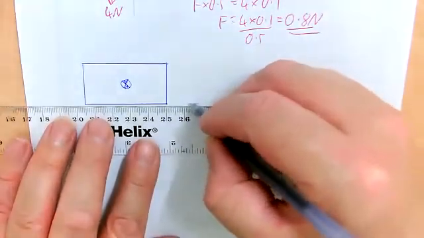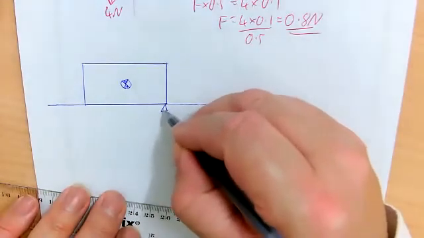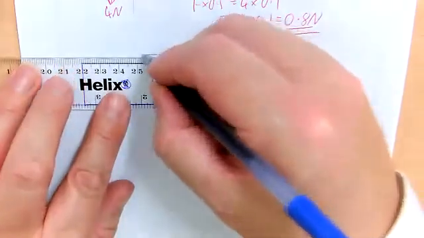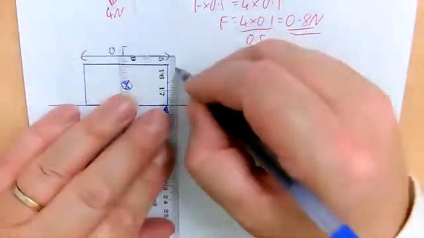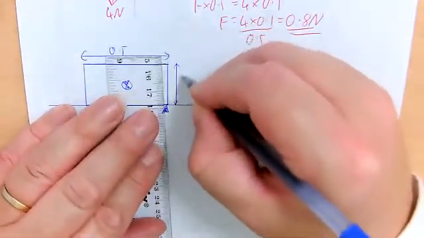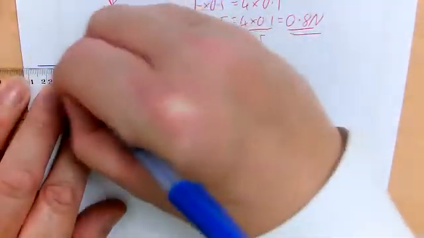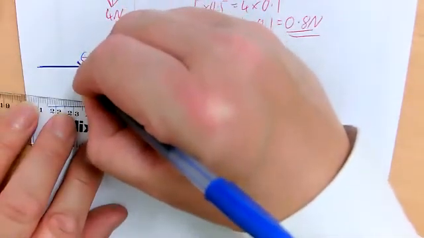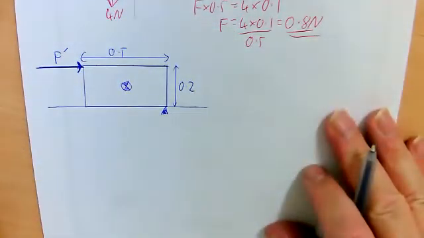And we know it's on a bench, on a tabletop or something like that. So we take a similar position for the pivot. Well, that's going to be 0.5. And that's going to be 0.2. So we're going to apply a similar force and call it F dashed.